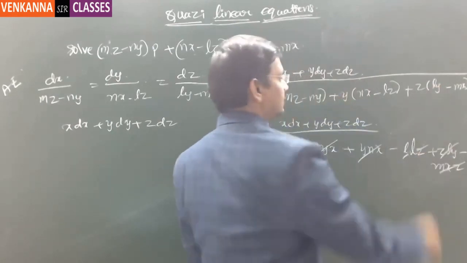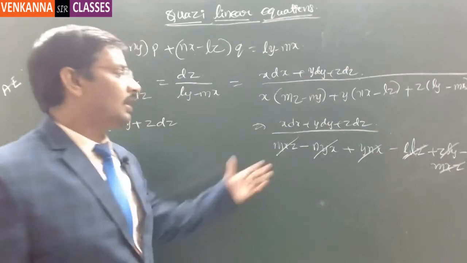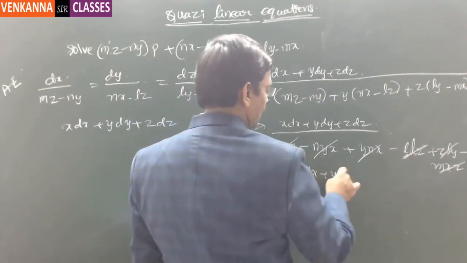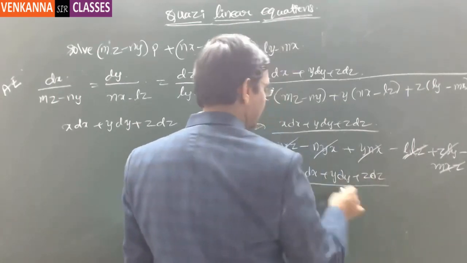So these will cancel out, and all the sum together comes out to be x dx plus y dy plus z dz divided by 0.